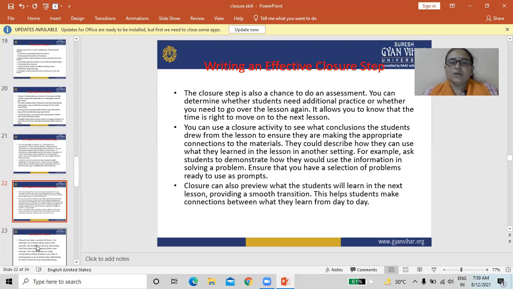For example, ask students to demonstrate how they would use the information in solving a problem. Ensure that you have a selection of problems ready to use as prompts.